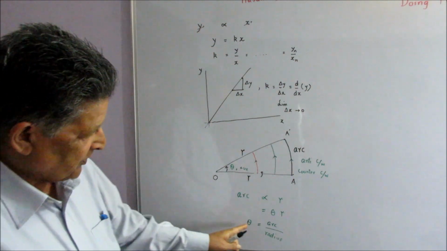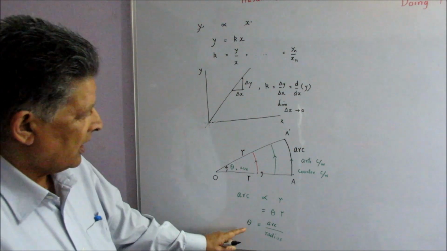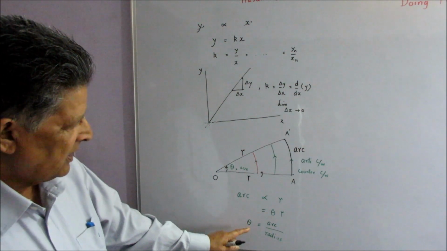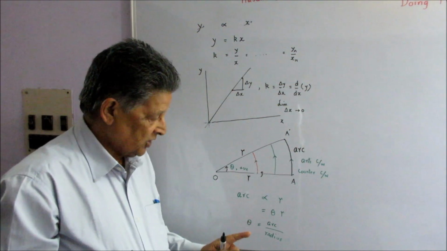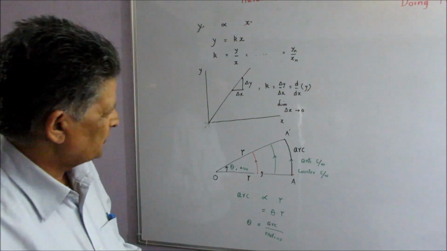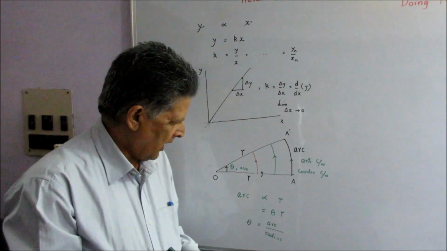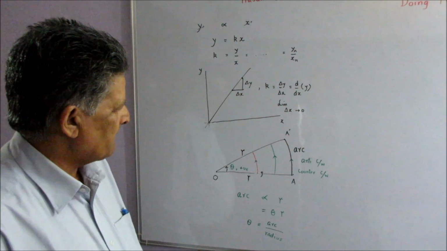So, even if we express theta, as most of you know, in radians, which is dimensionless, sometimes that is converted into the system of angles that are there.